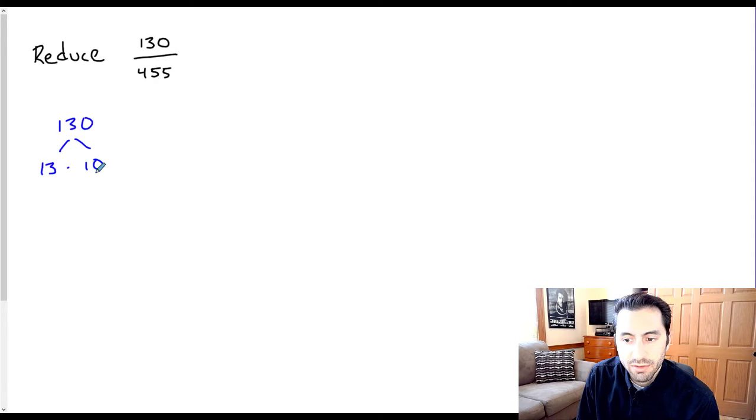But 10 is not a prime number, so I need to break this down even more. And 10 is the same as 2 times 5. 2 times 5, those are both prime numbers. So these three numbers multiplied together, 2 times 5 times 13, will result in 130.